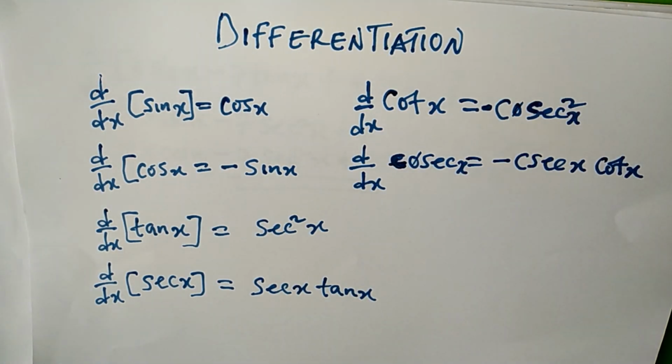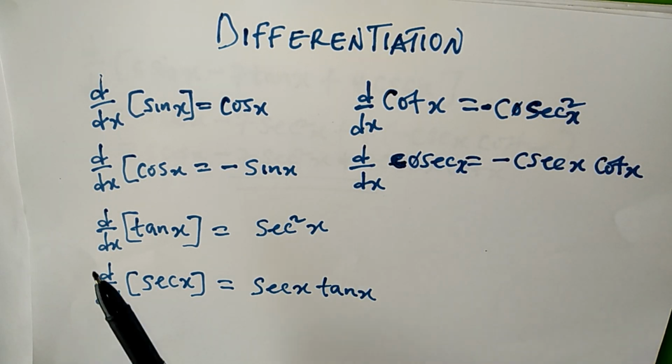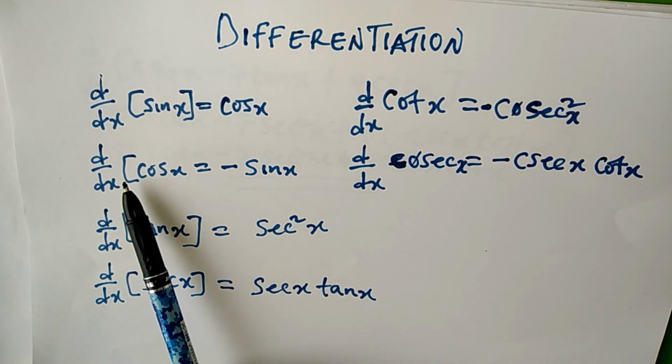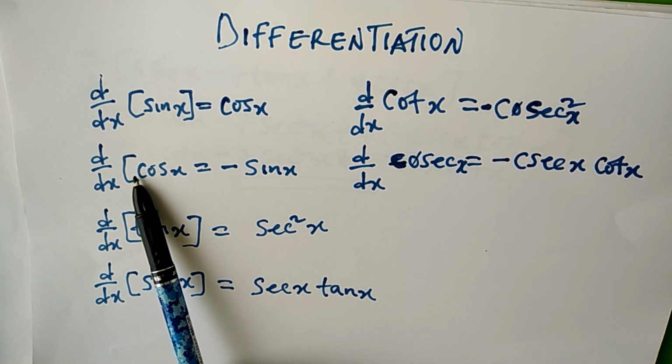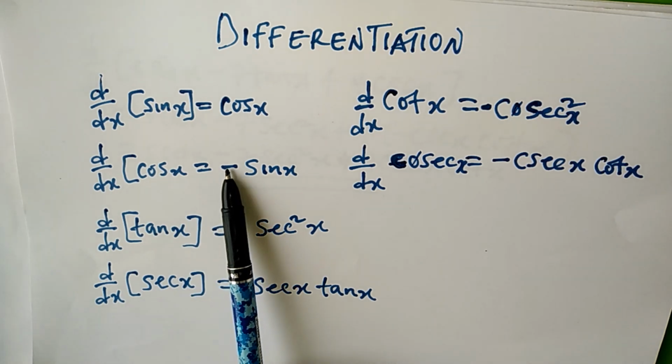There's something I want you to pay close attention to from these formulas, because these formulas will really help you solve trigonometric functions. You see, whenever we're differentiating a function that starts with C, the answer always carries a negative sign.